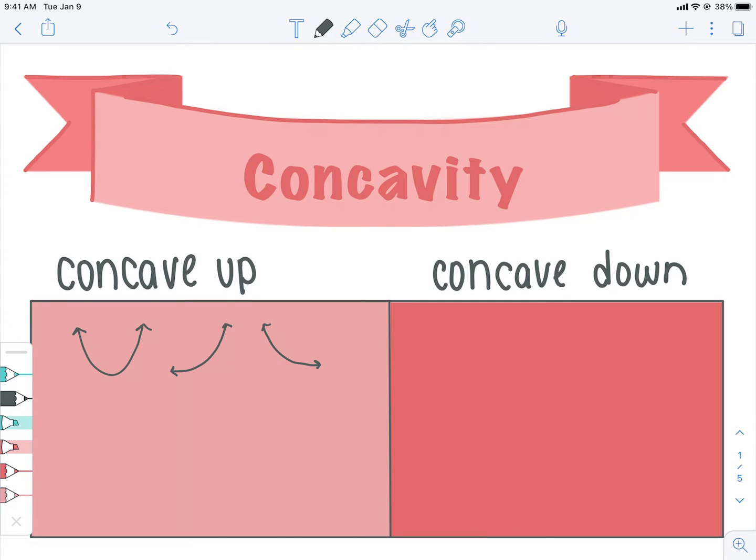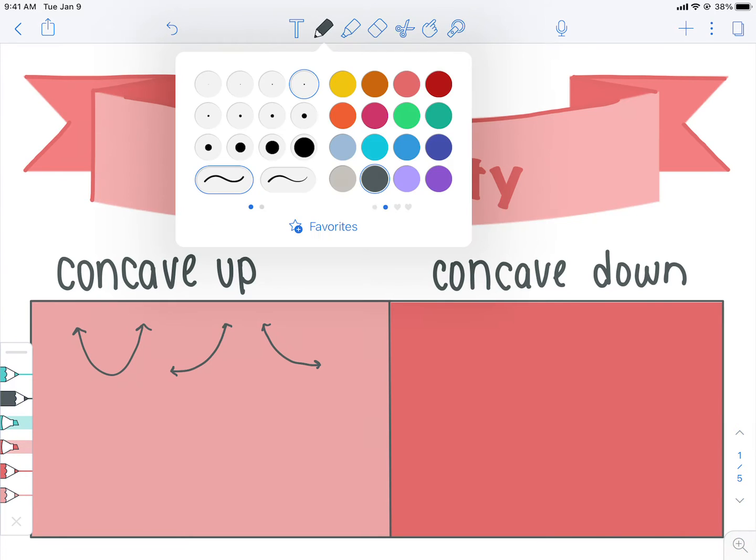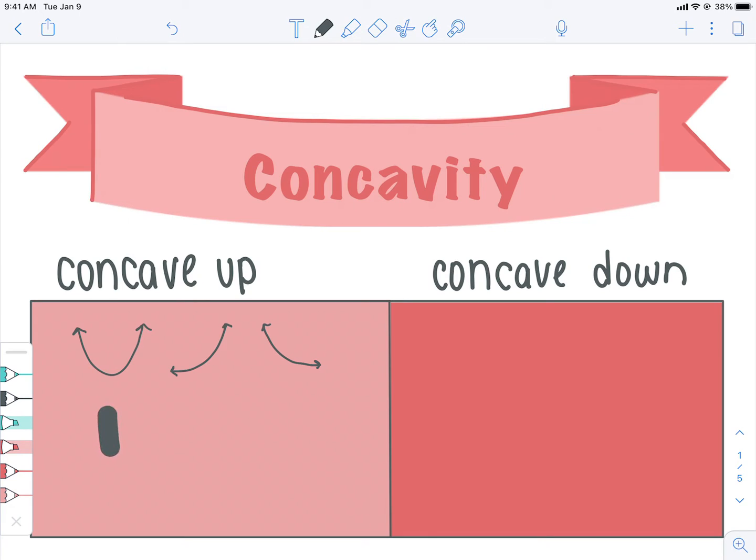So I remember that concave up looks like that by saying up. And I make it look like a little U. My U looks like a parabola facing up.